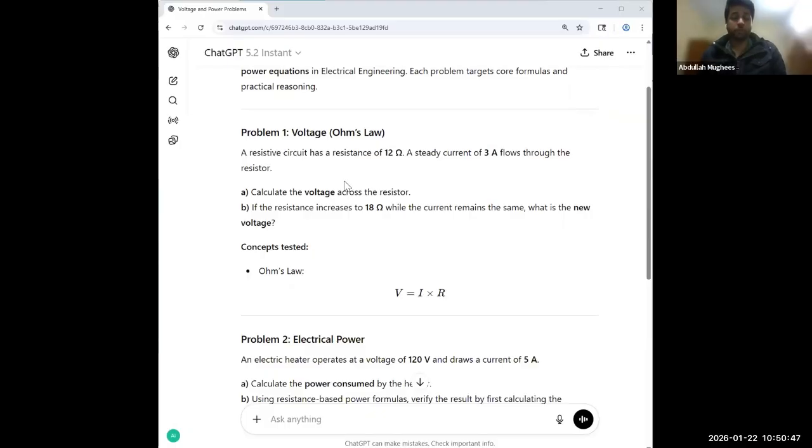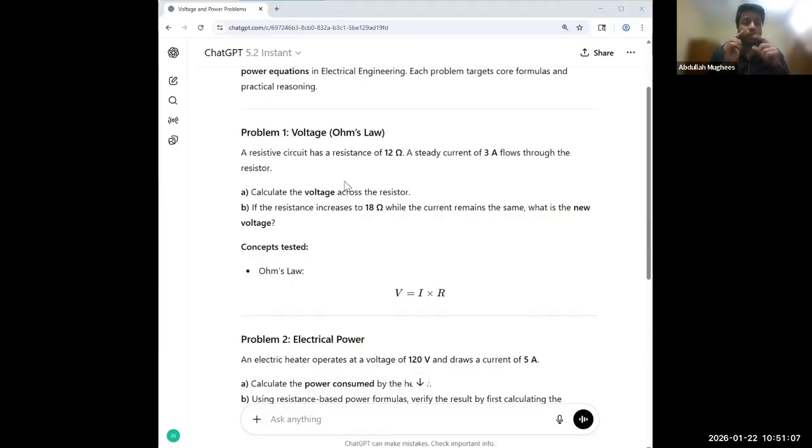Yes. Okay. So problem one is that we have a circuit with a resistor and a battery. If there is a battery and a resistor in a closed circuit, current must be flowing through it.